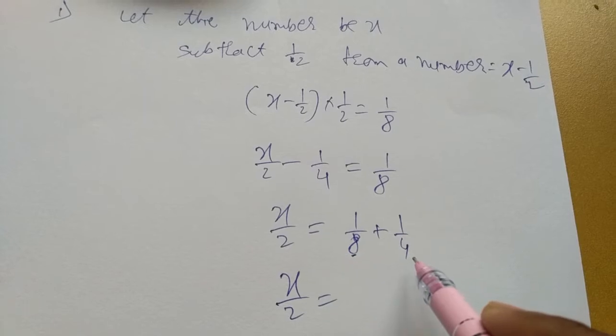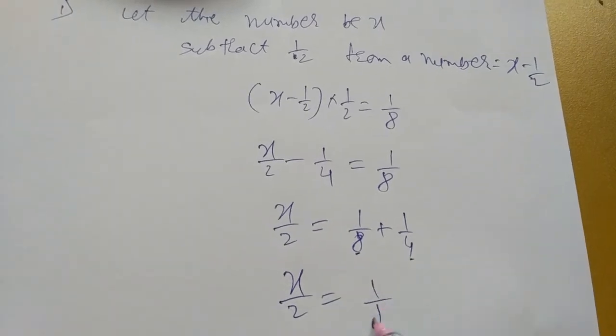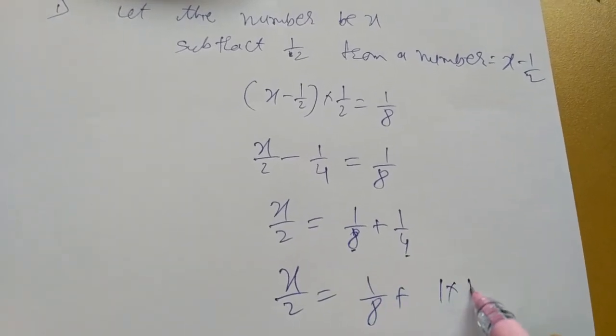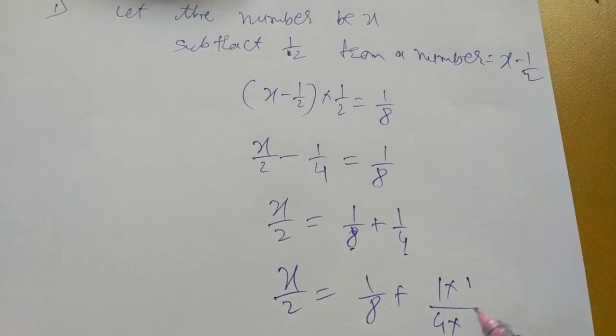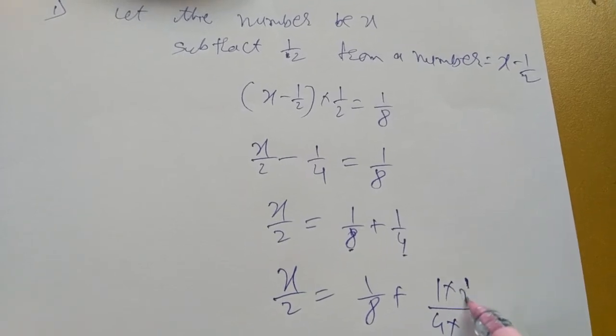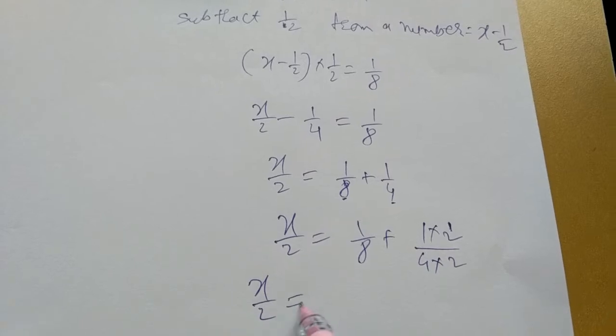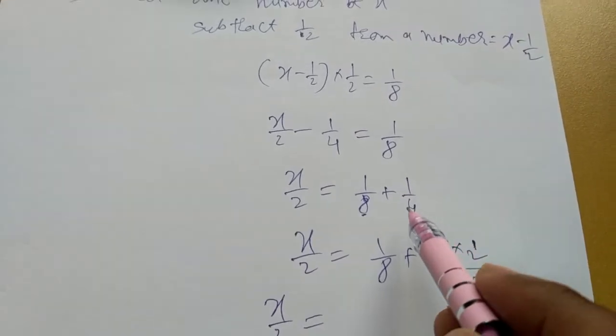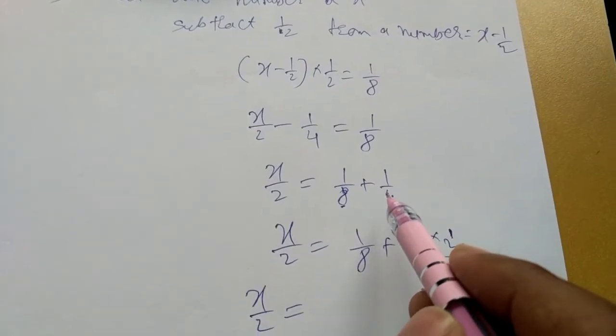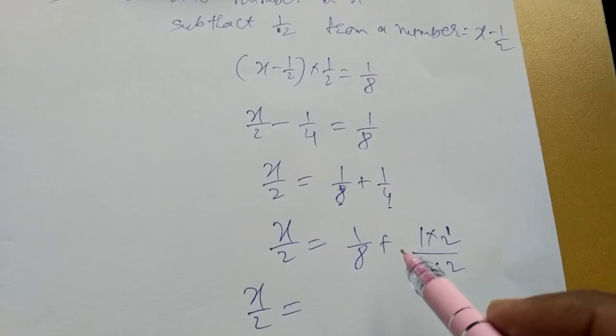Here is 8 and here is 4, so we multiply these numbers by 2. To get 8 we multiply by 2. You can also solve this by cross multiplication.